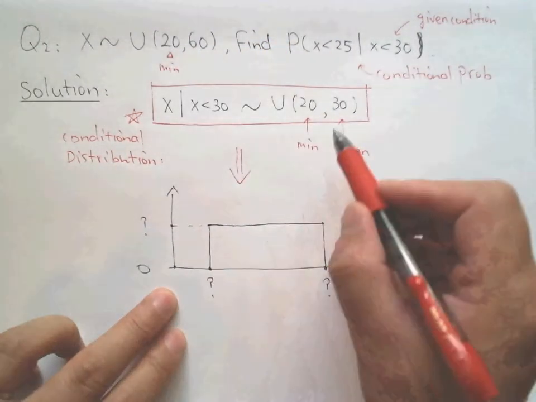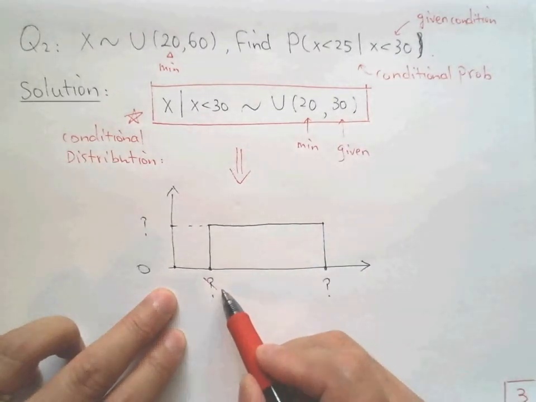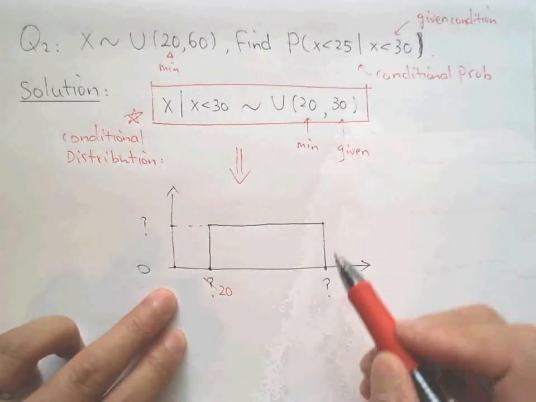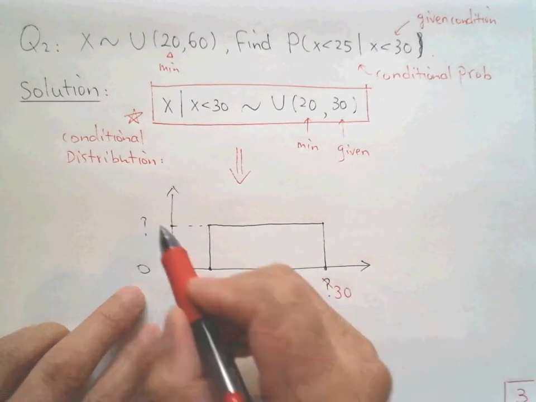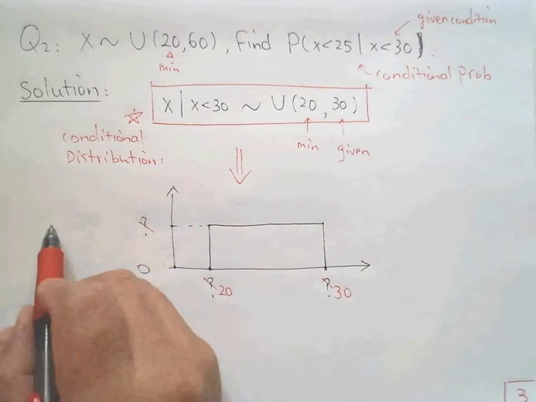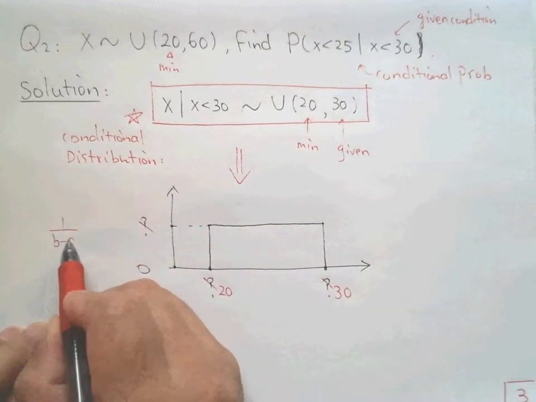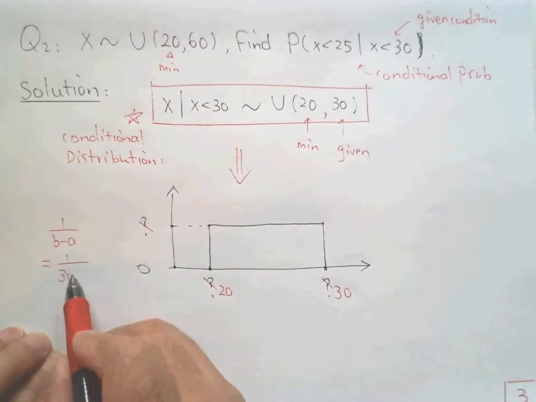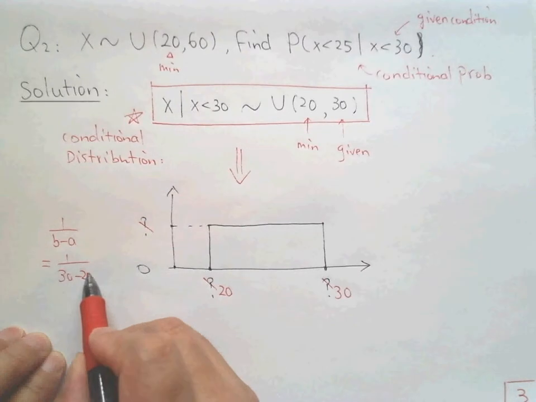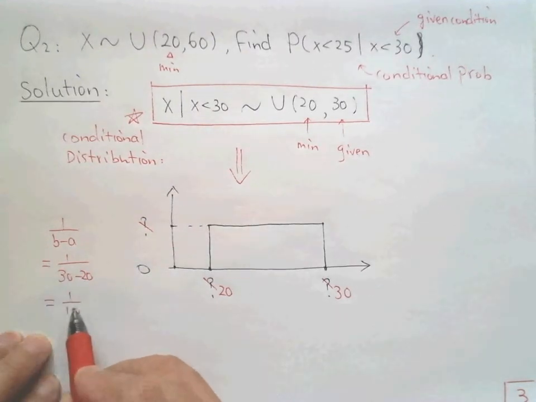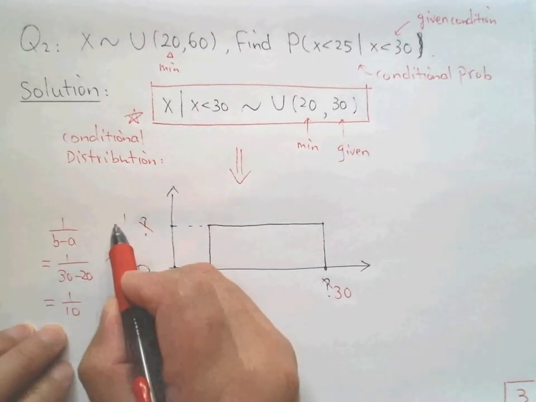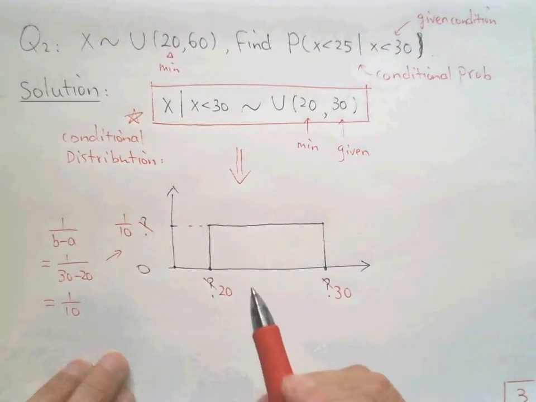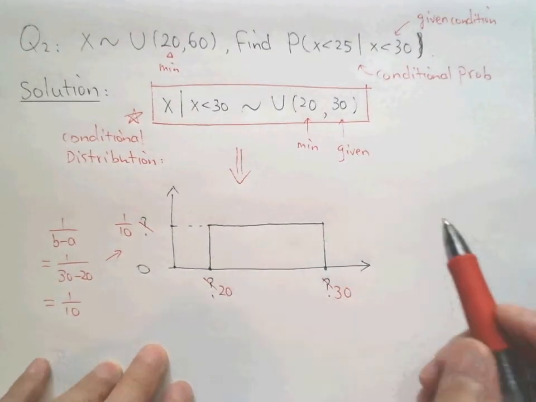I know this is A. Don't look at the original, look at the conditional distribution. I put here 20, this is B, which is 30, and what is the height? Remember the formula is 1 over B minus A, right? Equals B is 30 minus A is 20, and then it's 1 out of 10. Okay, easy. So here is 1 out of 10.